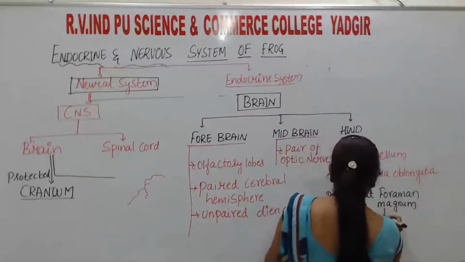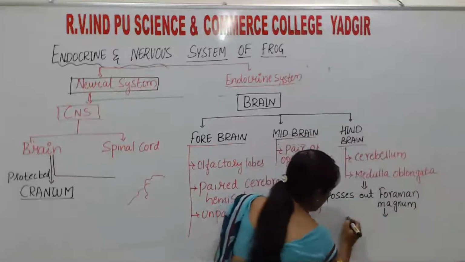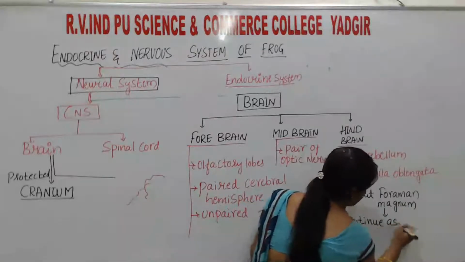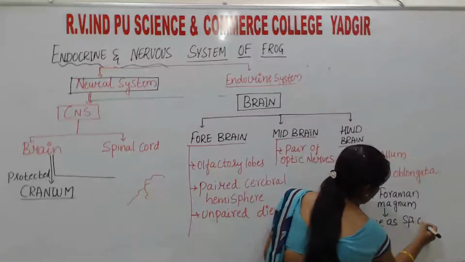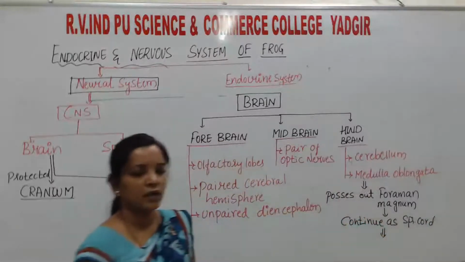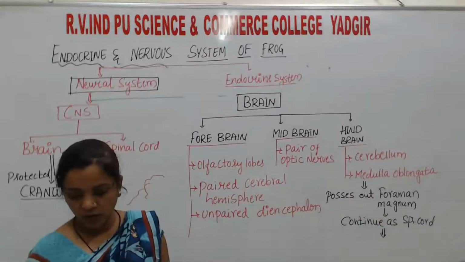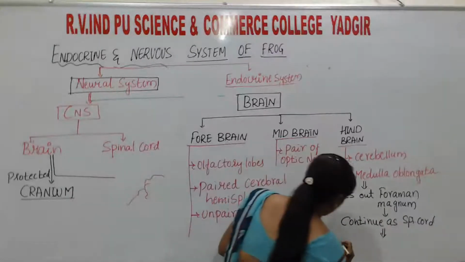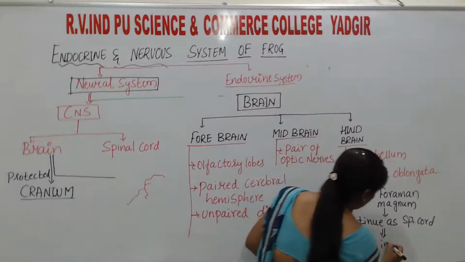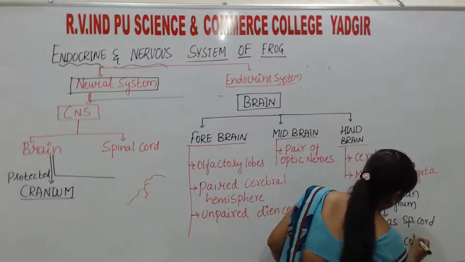This foramen magnum continues as the spinal cord, and they will continue as a spinal cord enclosed in the vertebral column.